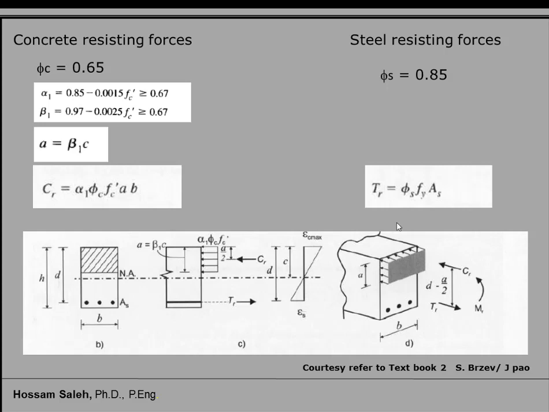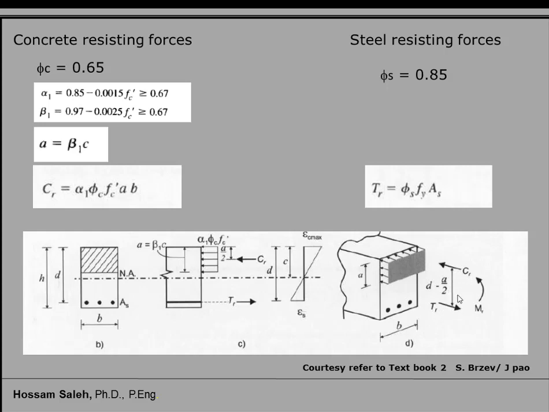Now I can have the TR, which is here, and I can have CR. Now if I know CR and I know T, they are in balance, and I know their values from these two equations. If I know the distance between them, then I can calculate the resisting moment, which will be the force times this distance. If I'm talking about the neutral axis, I can have this force times this distance plus the TR times this distance.